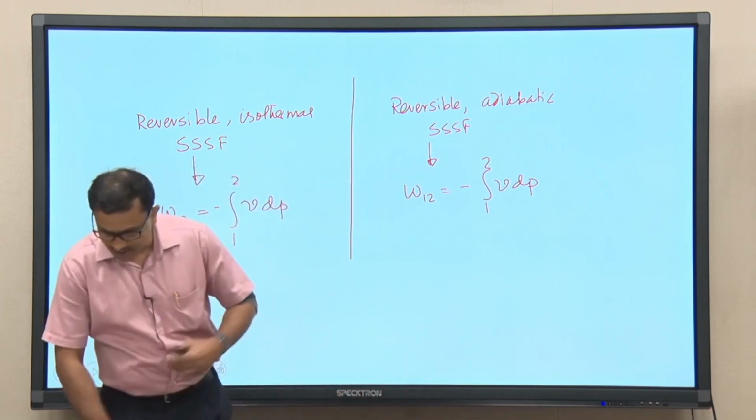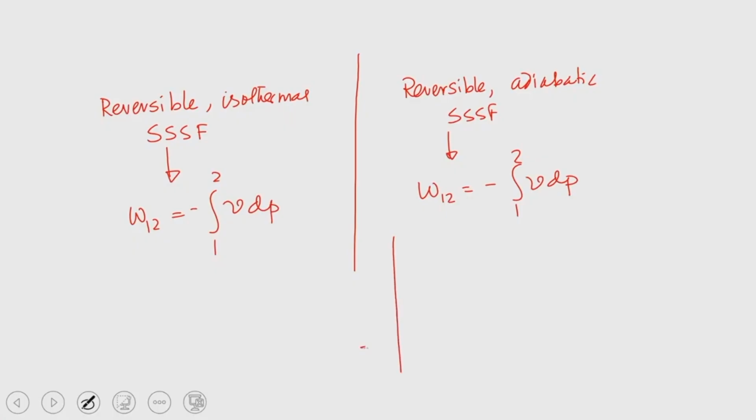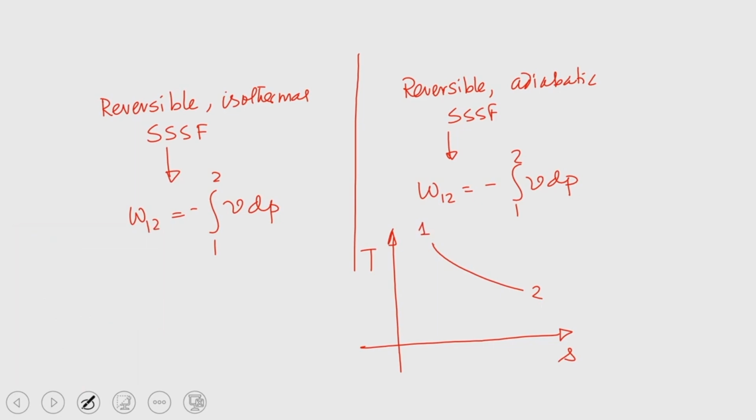Basically, if we try to represent the processes in the T-s plane, this is S and this is T. Say the system is changing from state 1 to state 2. So, this is 1 and this is 2. Now, what I was discussing, that the expression is the same.